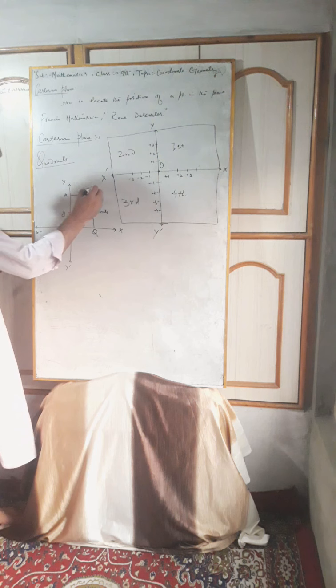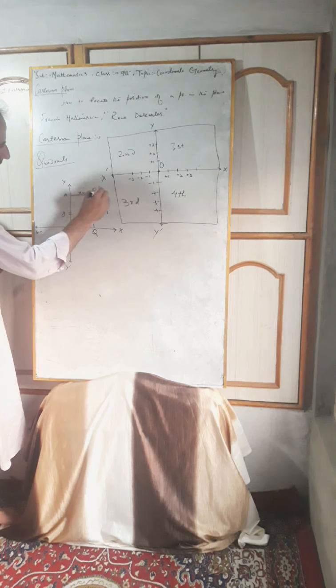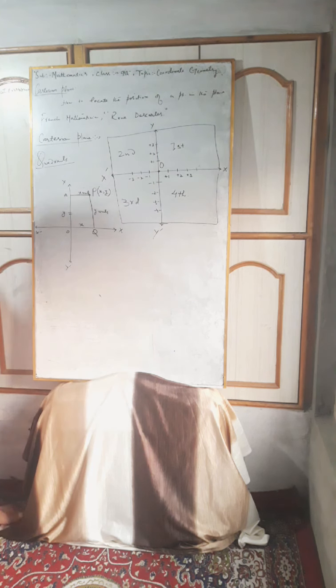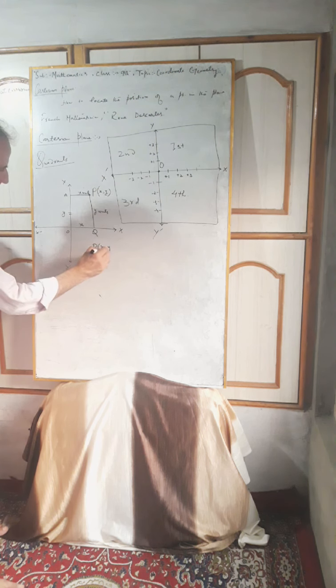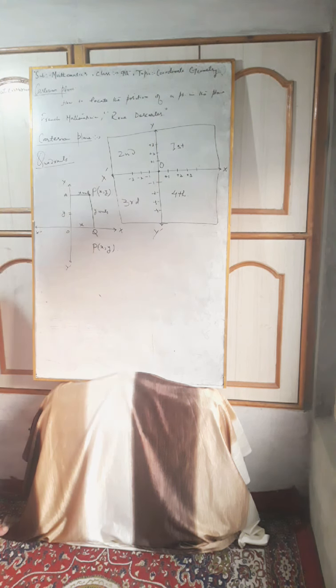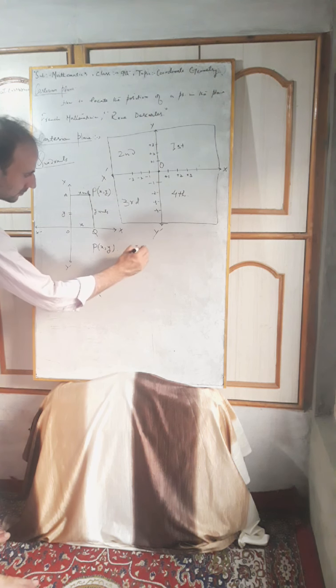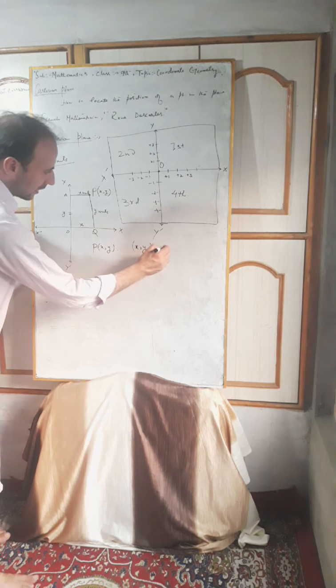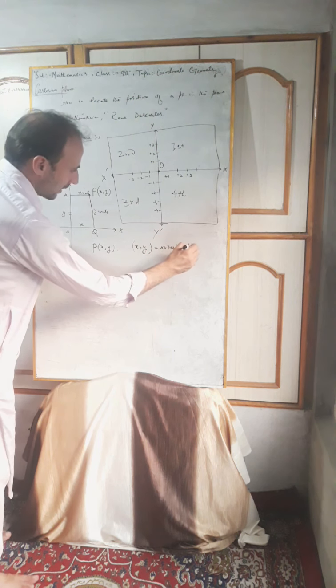Here the coordinates of the point P are x comma y. P of x, y is the position of the point in the Cartesian plane. This x comma y in the bracket is called the ordered pair.